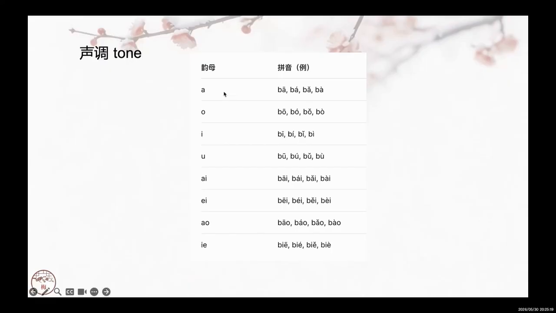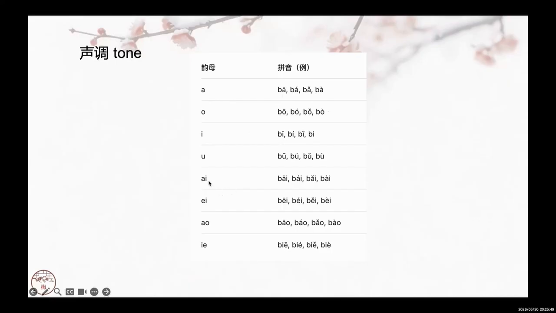So these are some examples of the four tones. For example, a, this is the final. When it comes after the initial b, with all four tones, we pronounce ba, ba, ba, ba.